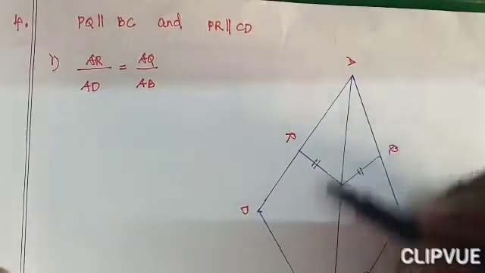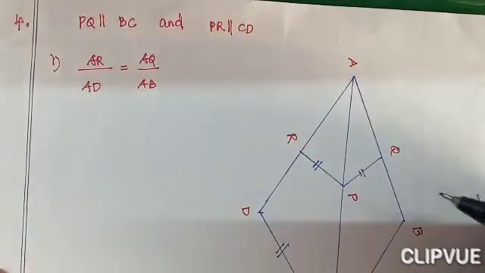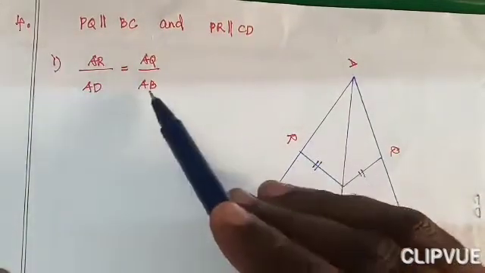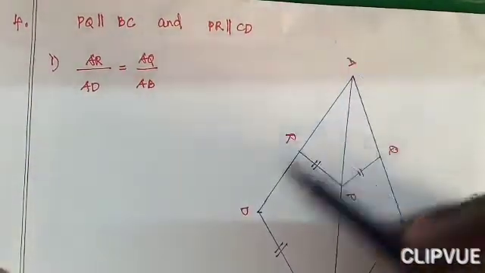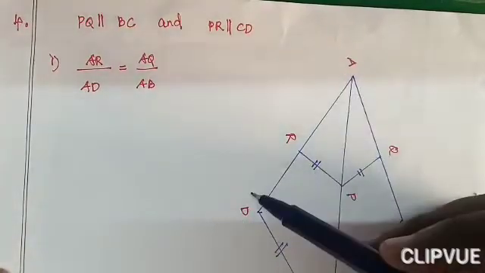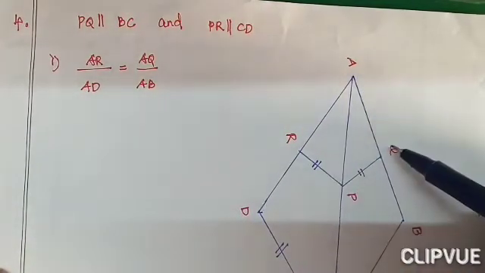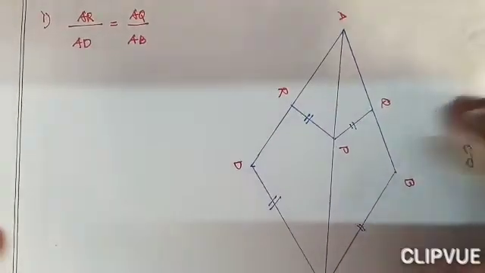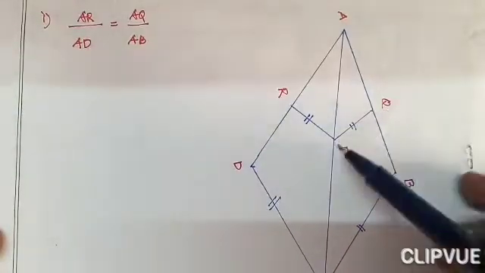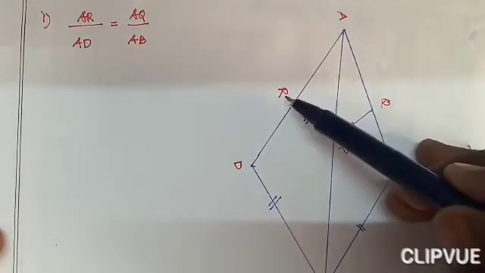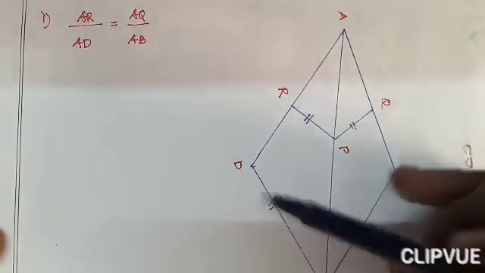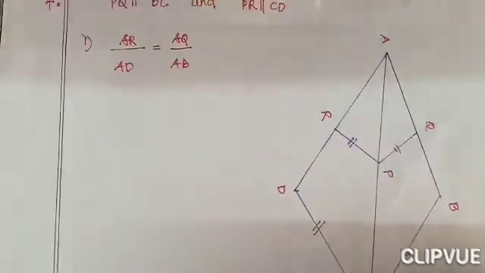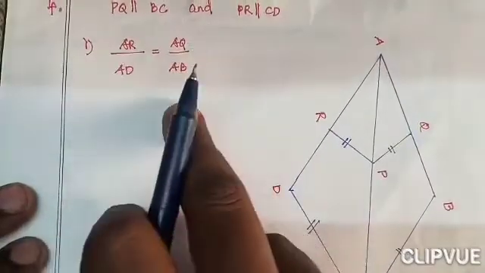Then show that AR by AD equal to AQ by AB. Okay, so look at the diagram. This straight line QP is parallel to BC and this one PR is parallel to CD. So first we are going to show AR by AD equal to AQ by AB.